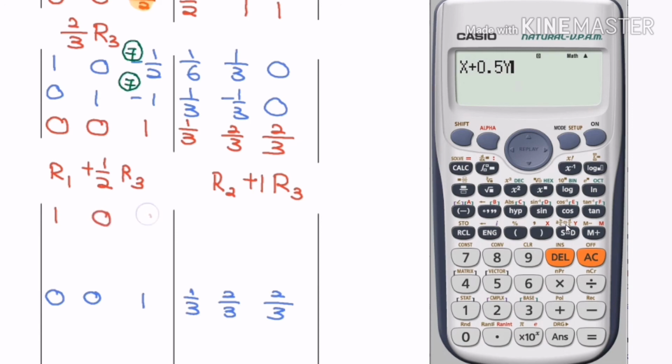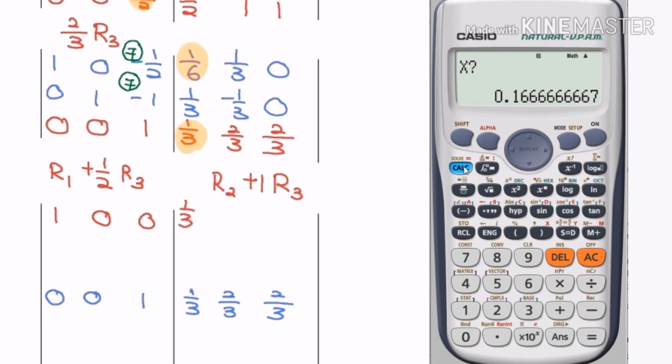Okay, here also 0. So now I'm going to calculate what is the value for R1, 1 over 6. Okay, so what is the value for R3? It will be 1 over 3. So the answer will be 1 over 3.